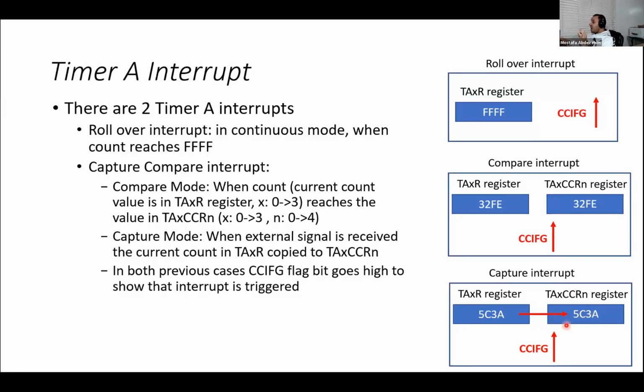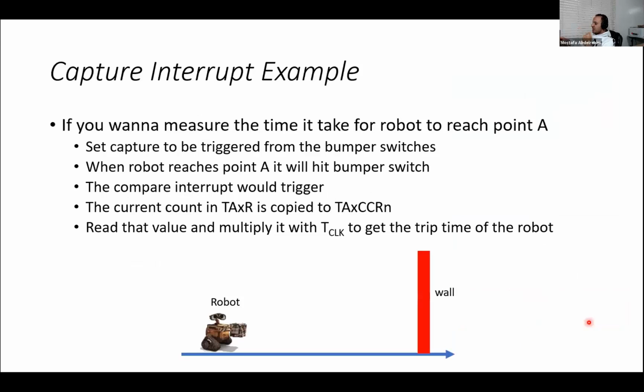At that time, you will trigger an interrupt, and if you check this register, you will find some count. If you multiply this count by the clock time, you will get the exact time at which the robot hit the wall. This is an example just to understand it.